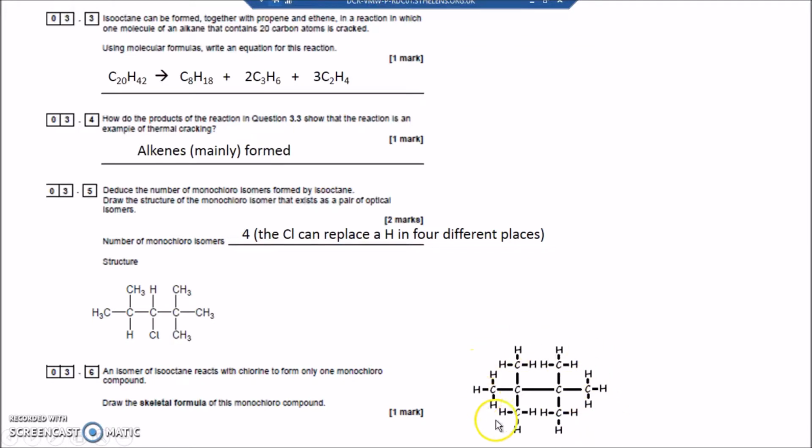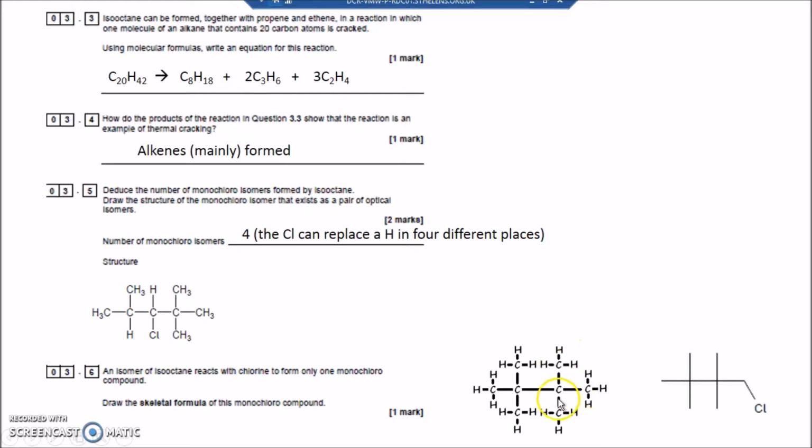So all those H's are in the same environment. They're all equivalent to each other. So it doesn't matter which H I replace, I'm going to end up with the same monochloro isomer.